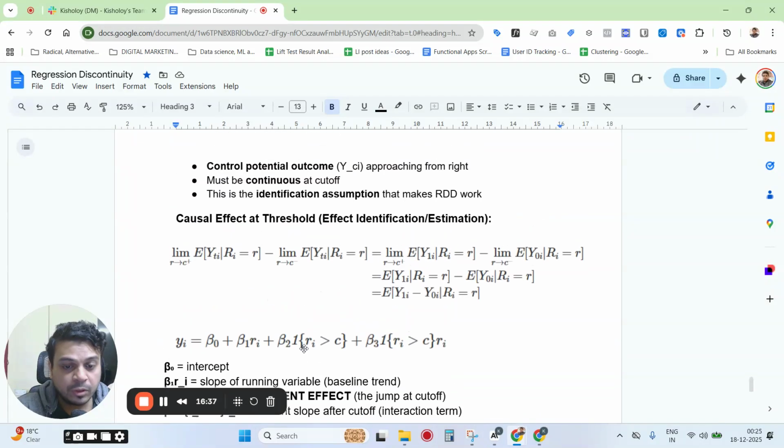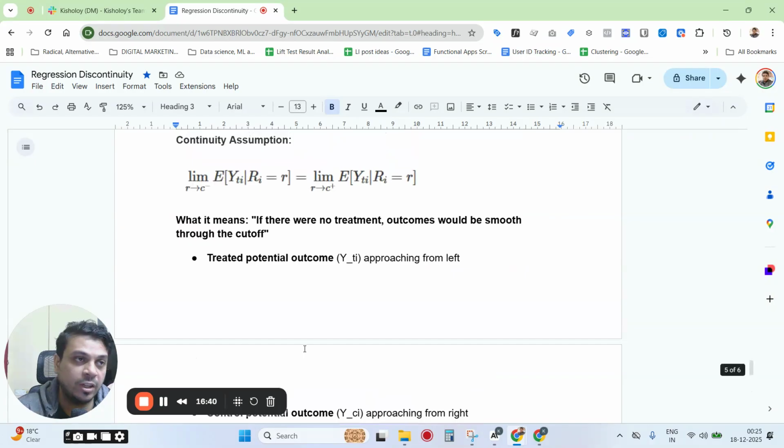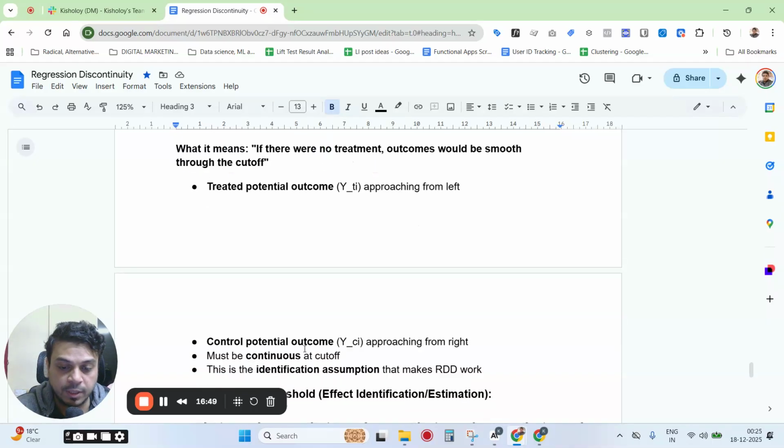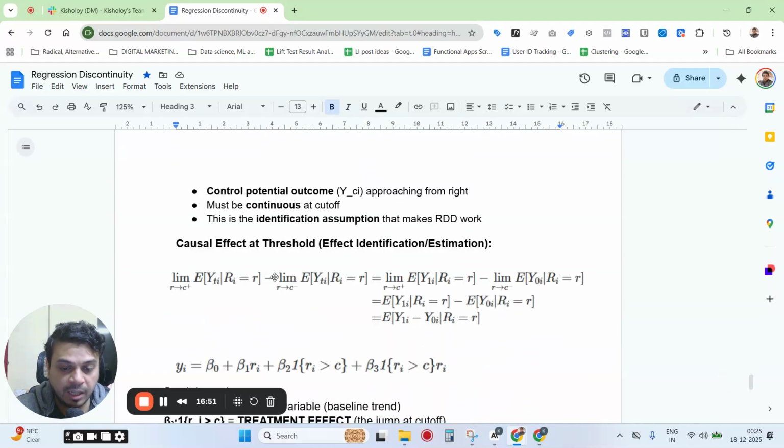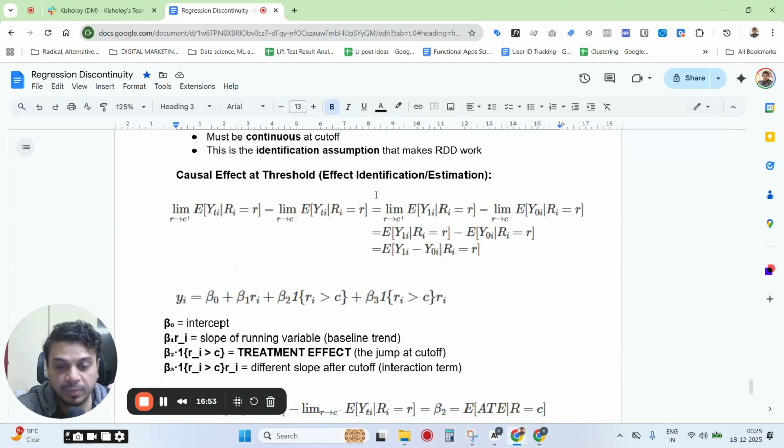By the way, this is also the identification assumption. There's something called identification in causal inference methodologies, meaning whether or not the question can actually be answered properly using causal methodologies.